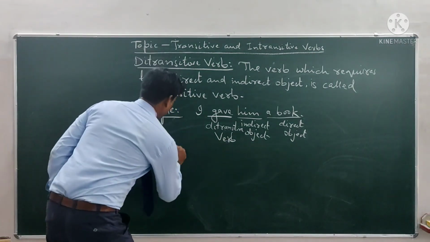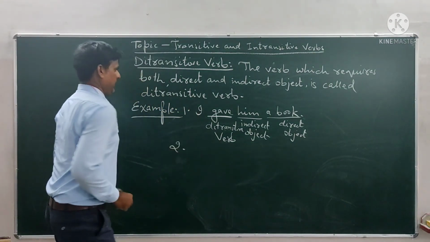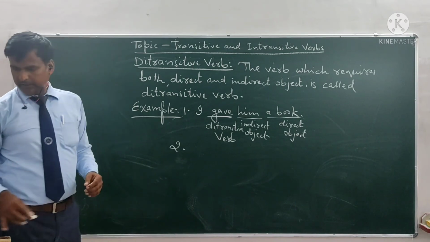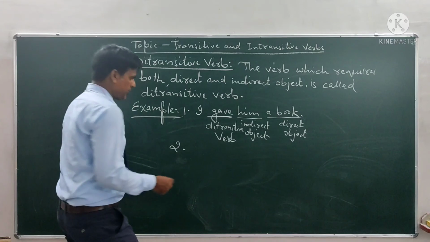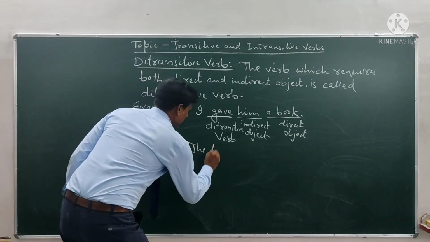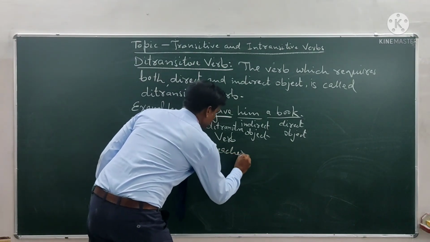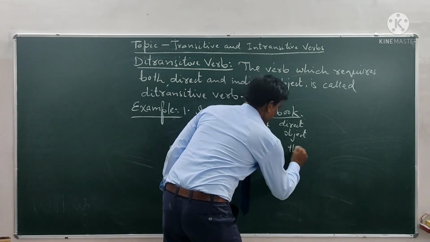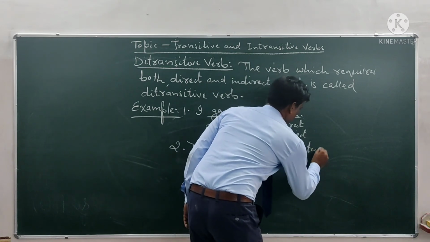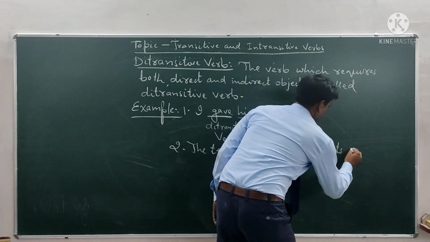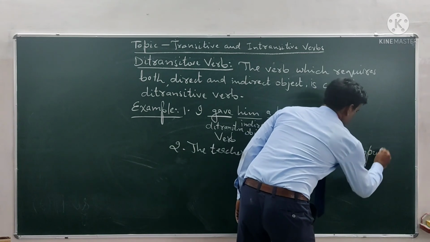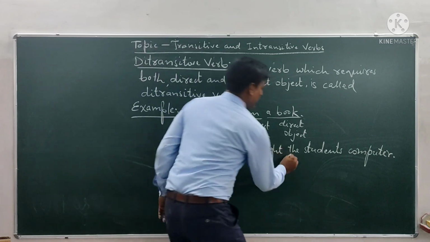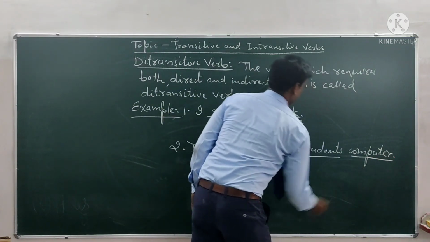Let us see one more example that I have given you: The teacher taught the students computer. Now see, in this sentence we have also two objects, one indirect object, one direct object.